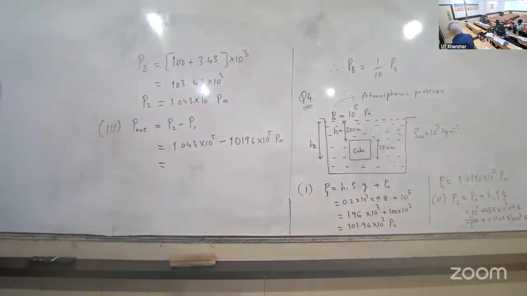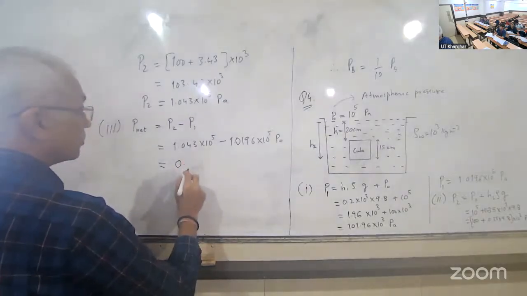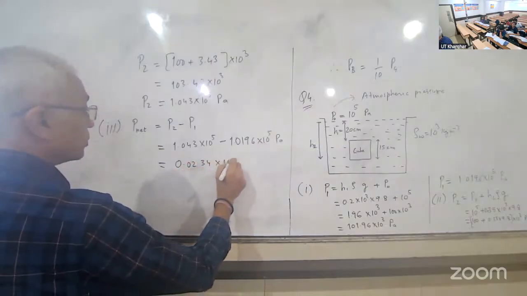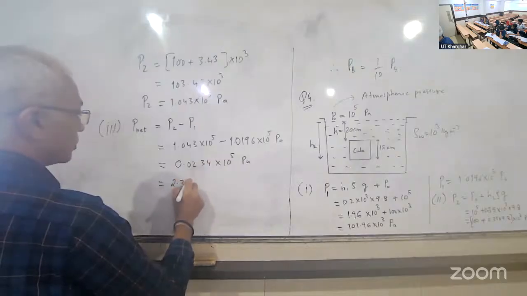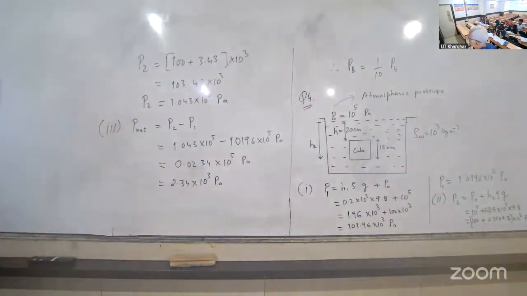So how much is that? 2.34 into 10 raised to 3 Pascal. This is the resultant pressure.